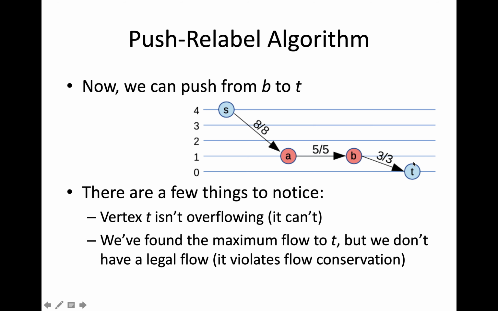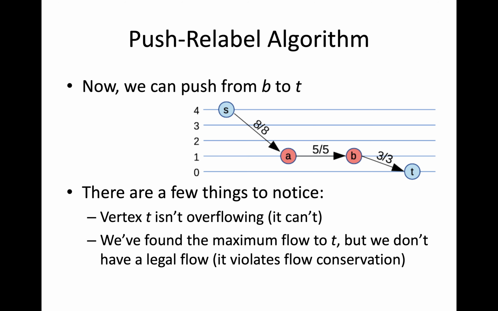And now if we look at the whole flow, we've got 2 overflowing vertices in the middle. But I have at this point gotten as much commodity as I can to T. T has 3 flowing in, and we pretend that T can have as much flowing in as we want. I'm pushing as much commodity as I can to T at this point.